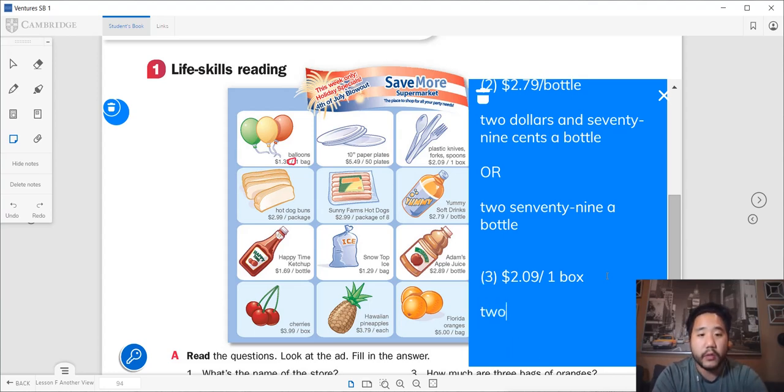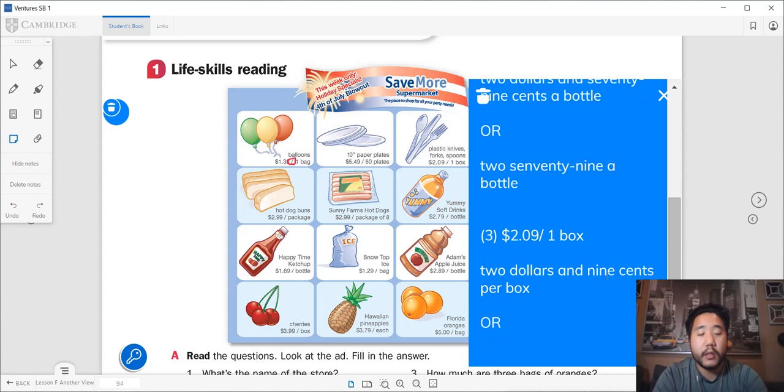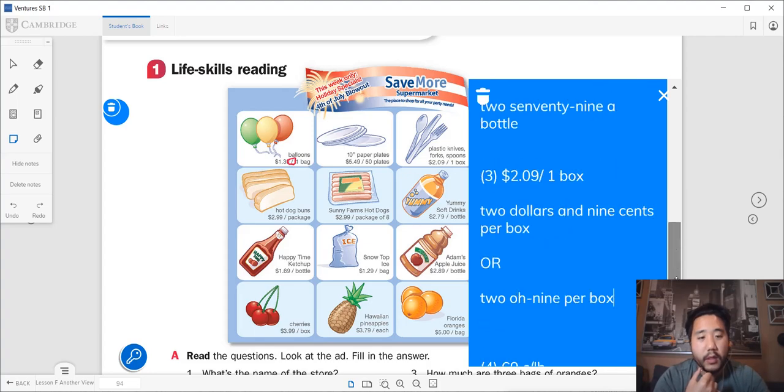So $2.09 per box, or 2.09 per box. 209. That's what we say.